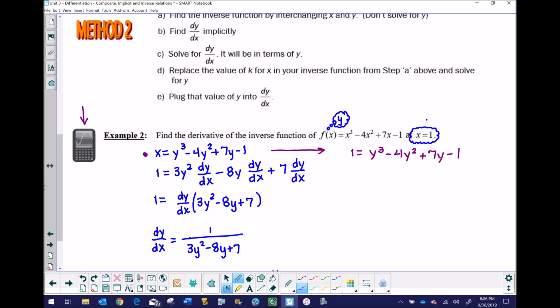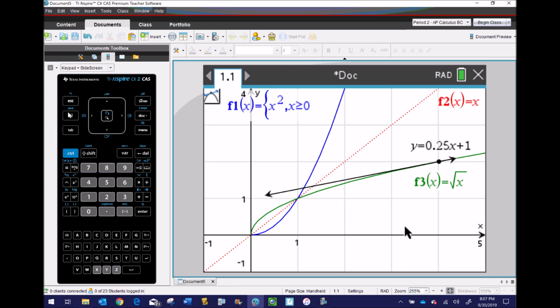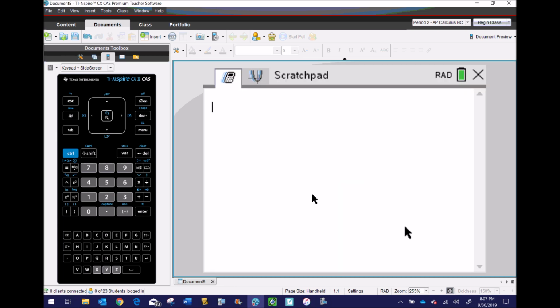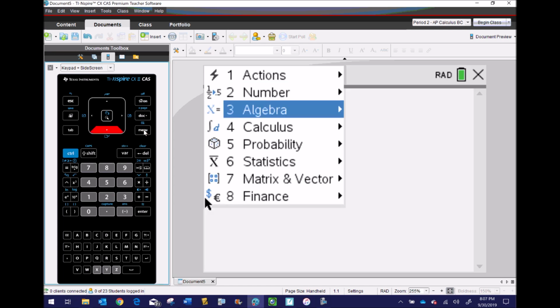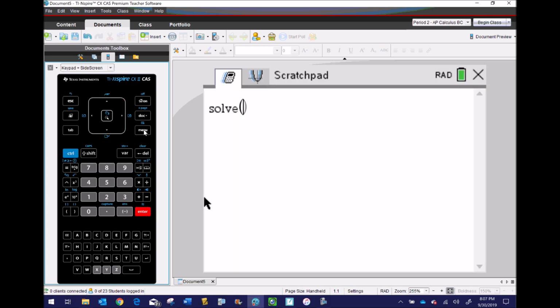So what we're going to do in this particular case with our calculator is two things. I'm going to show you two different things here. So if I go to the calculator, and I'm going to just go to a scratch pad here, and I'm going to use the CAS feature of the calculator. I'm going to go into the menu, choose the algebra option, followed by the solve option, and I am going to physically type in that equation, 1 equal y cubed minus 4y squared plus 7y minus 1.